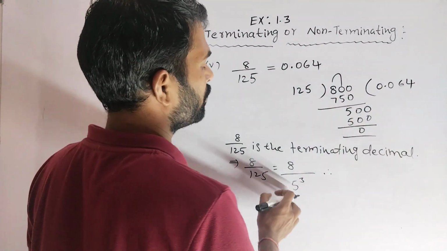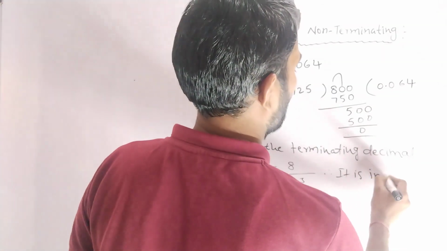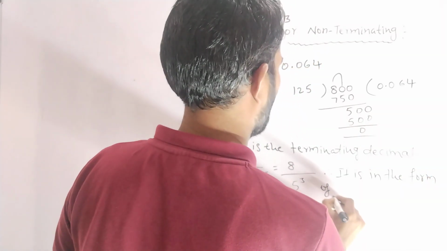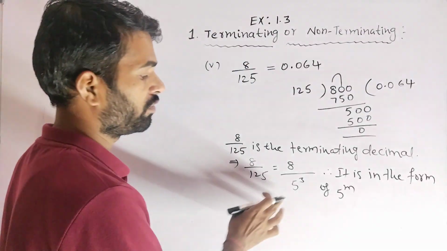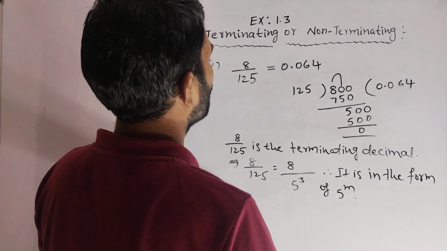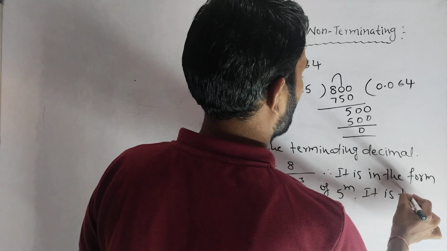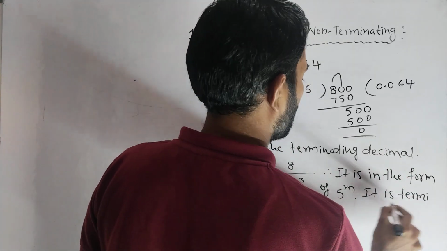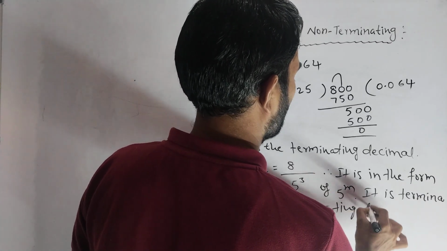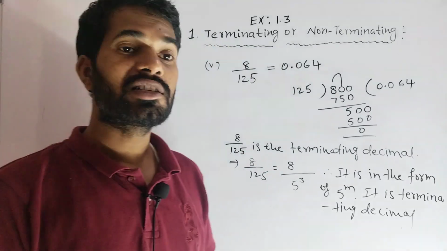Directly we can say that when it is in the form of 5 power m, it is a terminating decimal. Okay, this process we are going to do in the next bit.